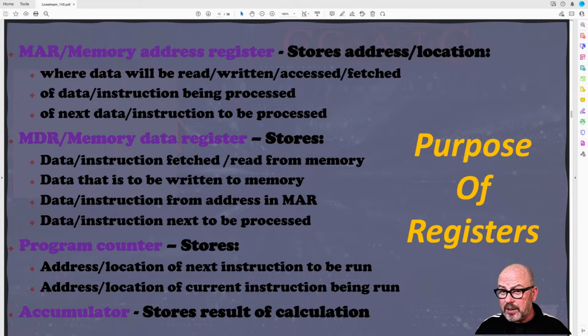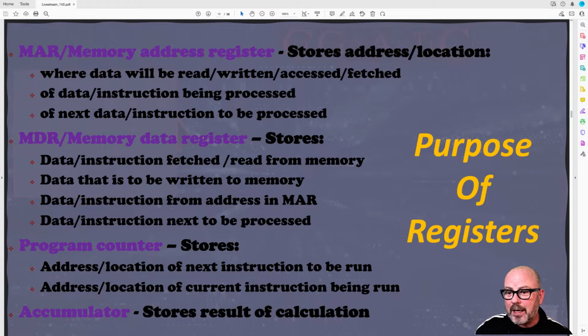So we know that these registers are small capacity, have super fast read-write times, and sit really close to the CPU. The closer they sit to the CPU, the less far the data and the instructions have to travel to be fed backwards and forwards. They're built right into the CPU, so they're really close, because obviously it takes time for data to travel around a system.